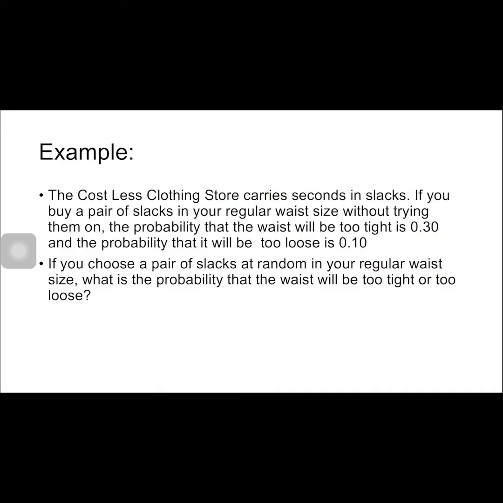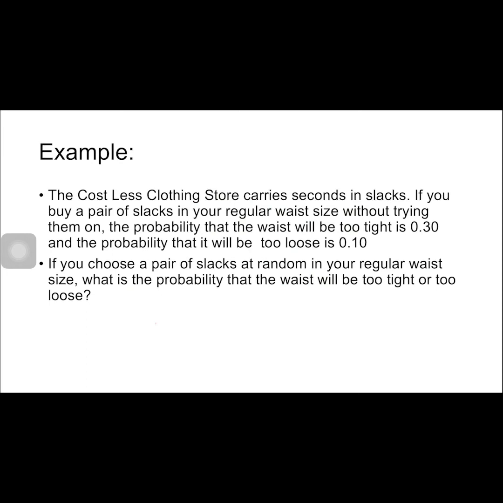Okay, another example. The Costless clothing store carries seconds in slacks. If you buy a pair of slacks in your regular waist size without trying them on, the probability that the waist will be too tight is 0.30 and the probability that it will be too loose is 0.10.